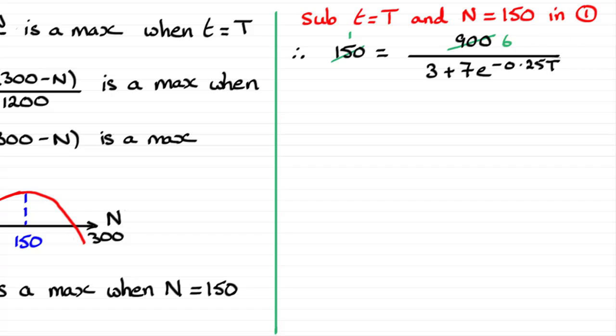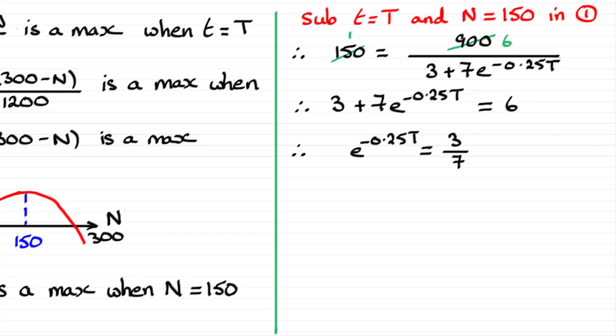And so what I could do now is multiply both sides by the denominator here, and doing that would lead me to this result. And what I'll do next is subtract 3 from both sides. That will leave me with 7e to the minus 0.25t equals 3, and then divide by 7, and I'm left with this result.